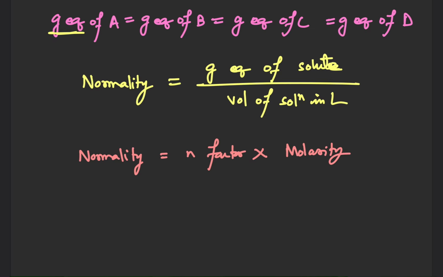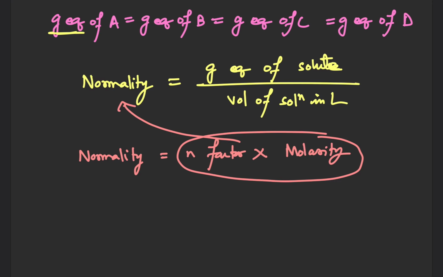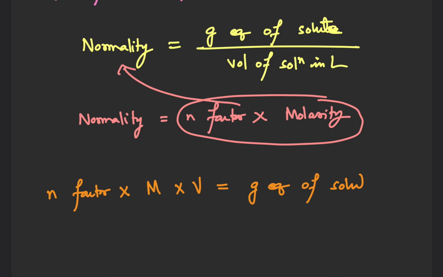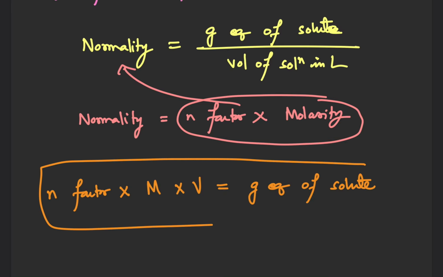Substituting this value of normality, ultimately I will get n factor into molarity into volume of solution in liters is equal to gram equivalents of solute. So this is a very important formula.